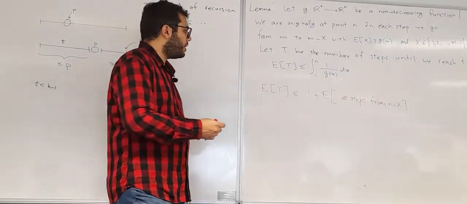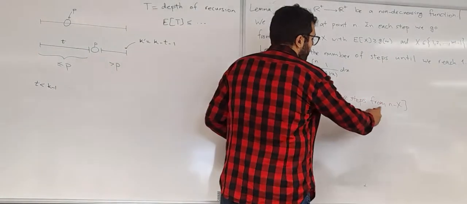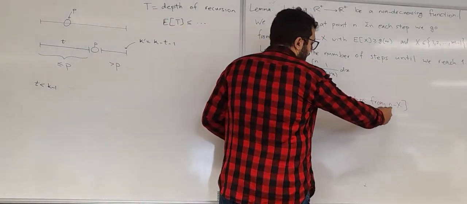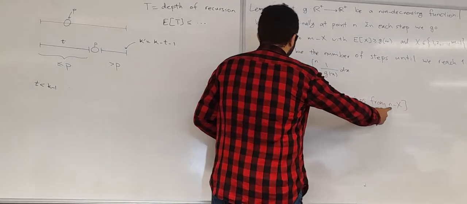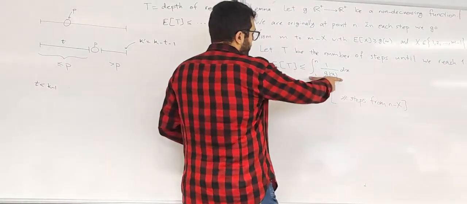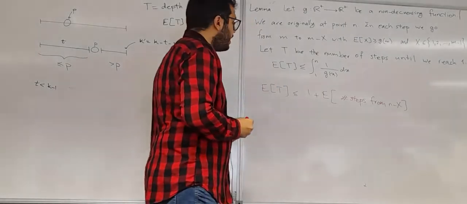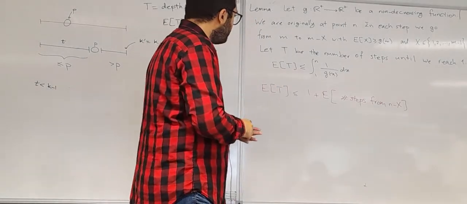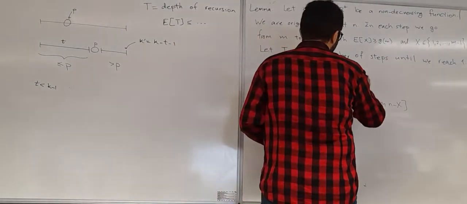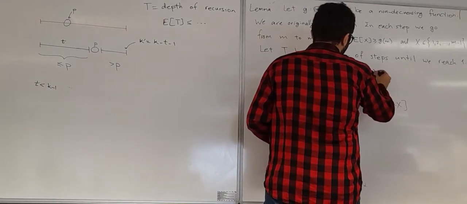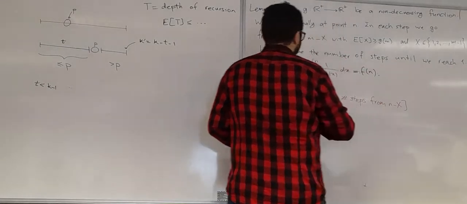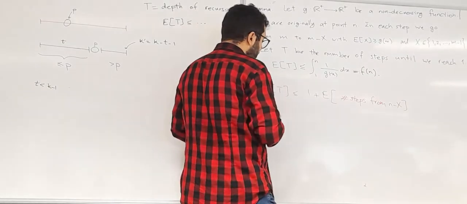So the number of steps from n minus x is at most this much, where I have to put n minus x instead of n. Actually, let me give that a name. I'm just going to call this one f of n. So f of n is this integral.